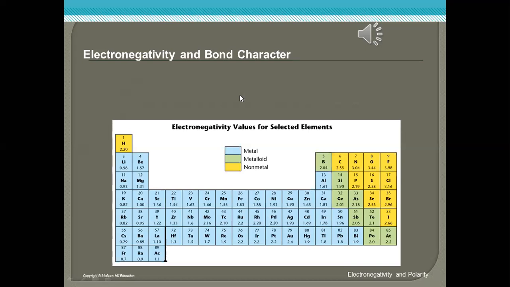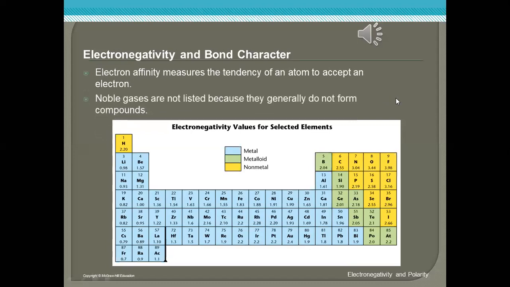Understand? Electronegativity and bond character. Electron affinity measures the tendency of an atom to accept an electron. Noble gases are not listed because they generally do not form compounds.